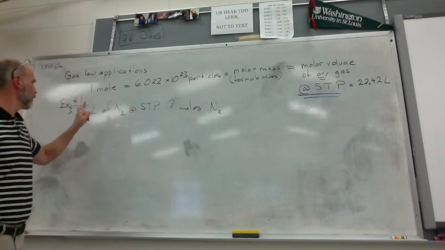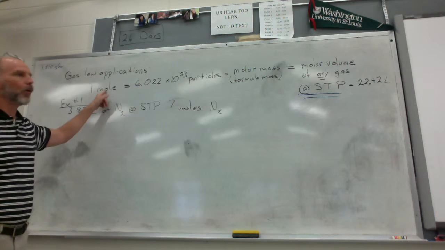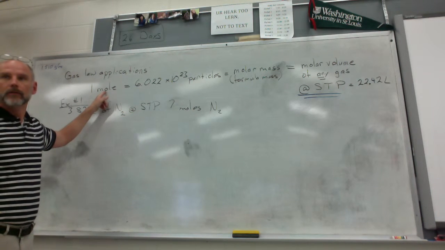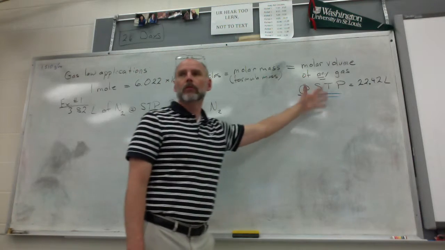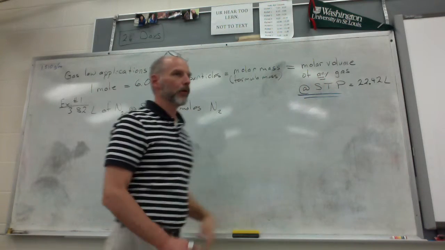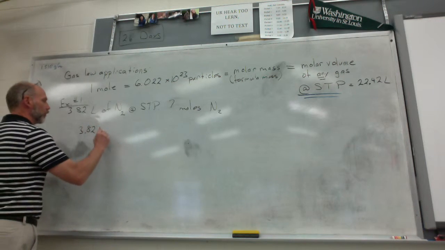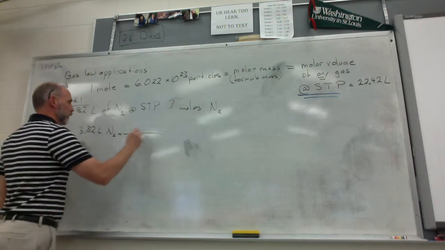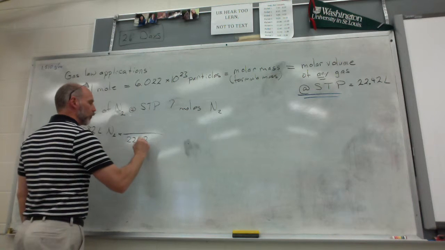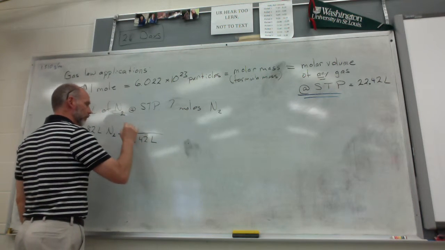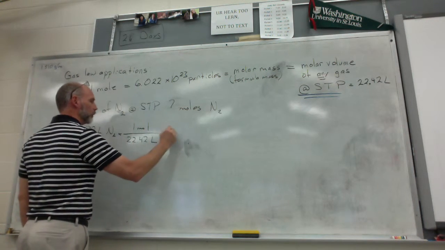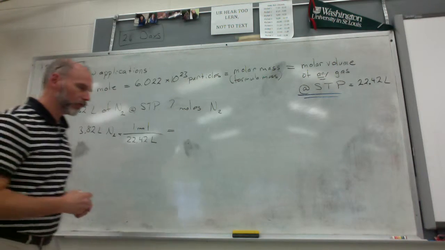Is there a relationship between volume at STP and moles? 1 mole is equivalent to 22.42 liters. So we take our 3.82 liters of nitrogen, look at the relationship since we're at STP, and in this case divide.